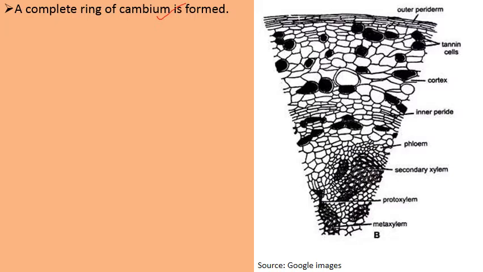The pericycle cells opposite the protoxylem become meristematic, and they will form a complete ring of cambium. This complete ring of cambium cuts secondary phloem towards the outer side and secondary xylem towards the inner side. This forms a complete ring of secondary xylem and secondary phloem.